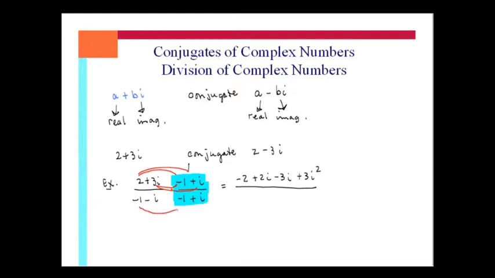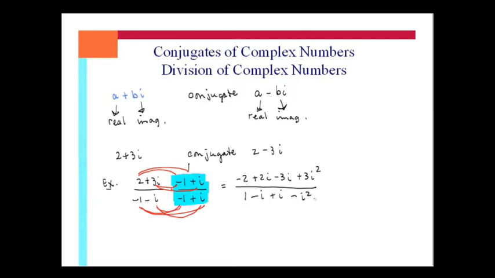First terms multiplied give 1. The outside terms multiplied give negative i. The inside terms multiplied are positive i. And finally, the last terms multiplied are negative i squared.